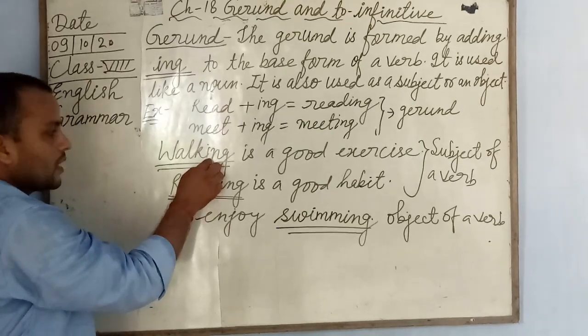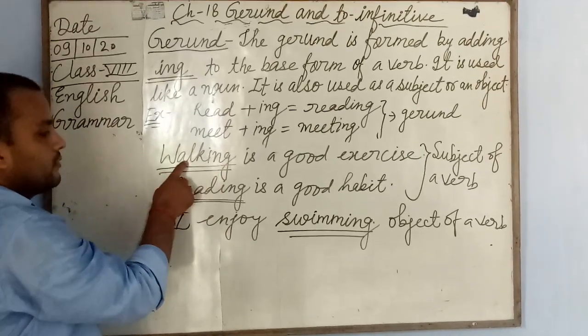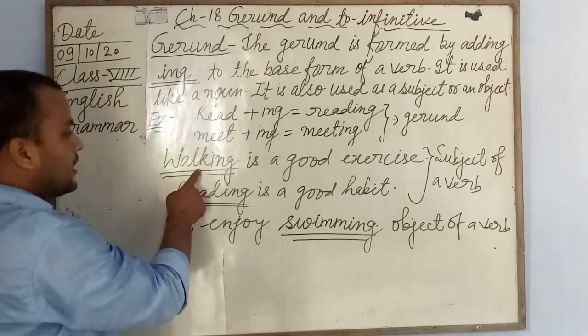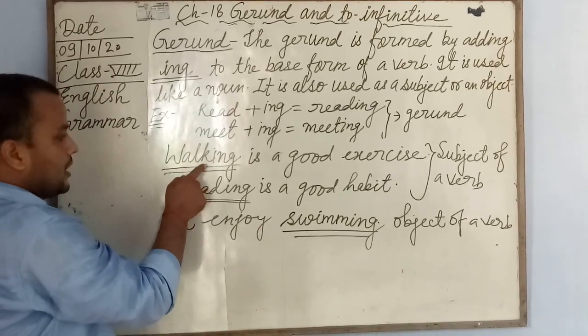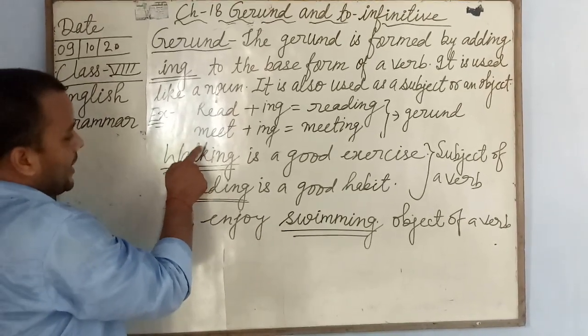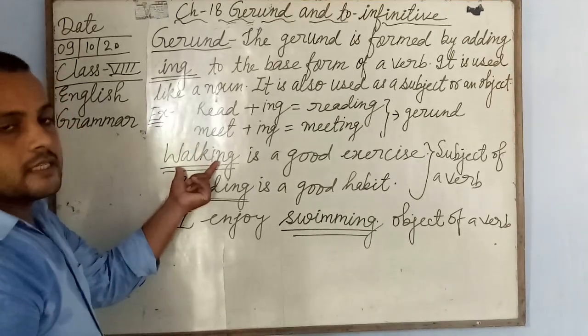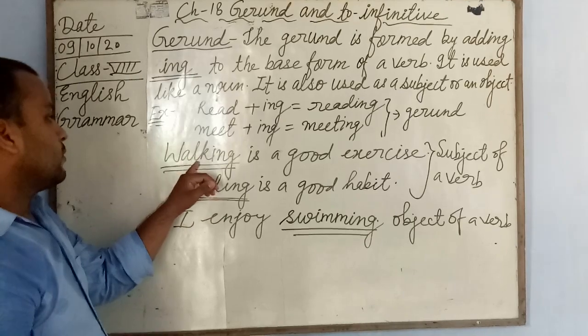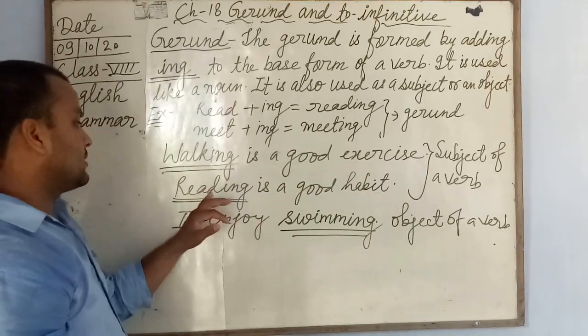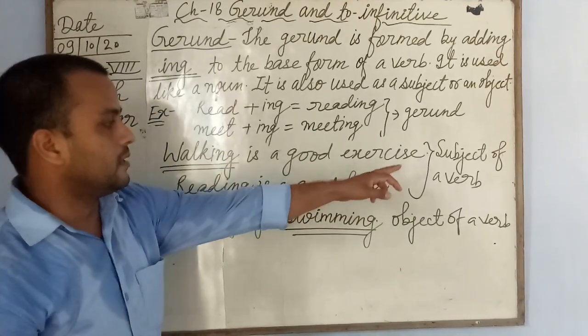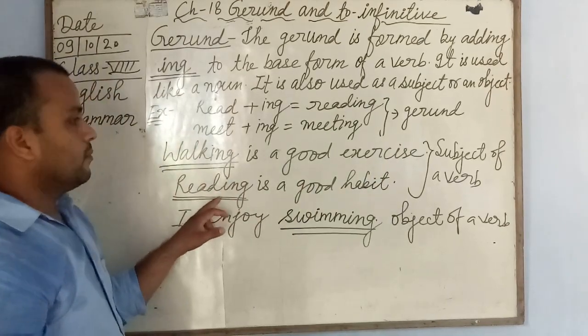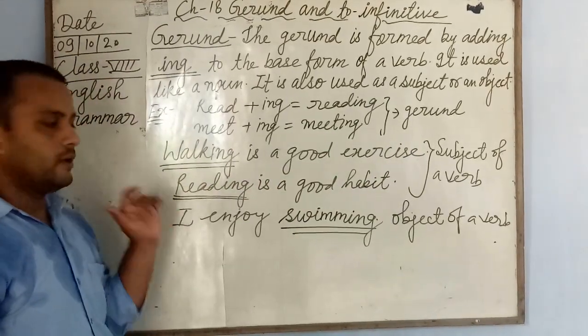I have added ing with the base form of the verb and it has been used in the place of subject. So it is like a noun. Walking is a good exercise. Reading is a good habit. Walking and reading both are subject of a verb.